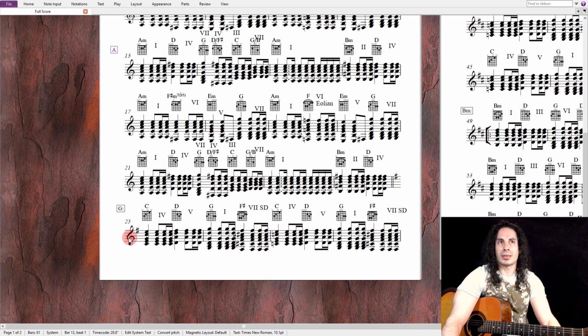And since this G section doesn't sound like a chorus, I'm going just to call this one B, because it's in a different key.